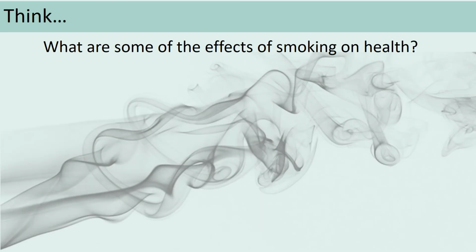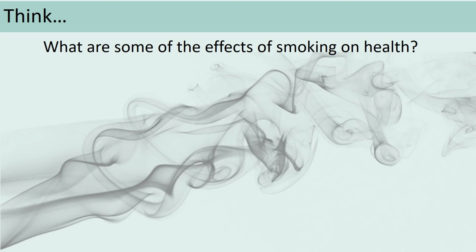Okay, we know that it's bad. People know that it's bad. It's up to them whether they smoke or not. But information is important. Before we make any decisions about things, we should have the information to hand. That is what science is all about. So you know some of the health effects of smoking.